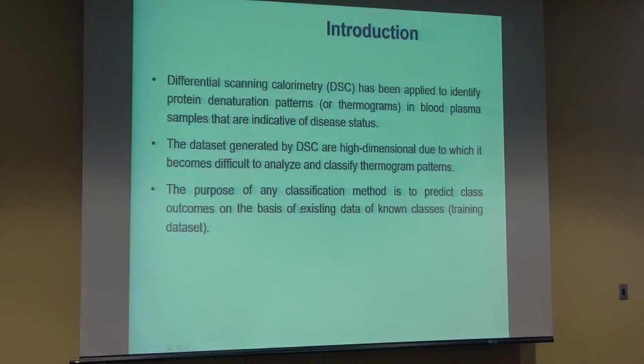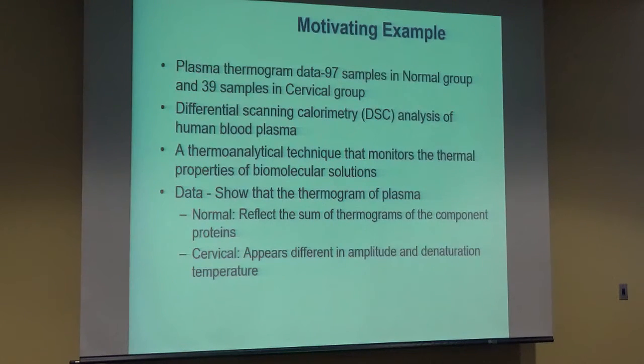is to predict the class outcome on the basis of existing data of known classes. It's called the training set. In the example that we are talking about, we have 97 control samples and 39 case samples. The controls are the normal group and then the cervical group.